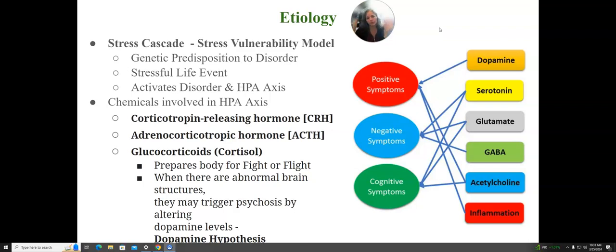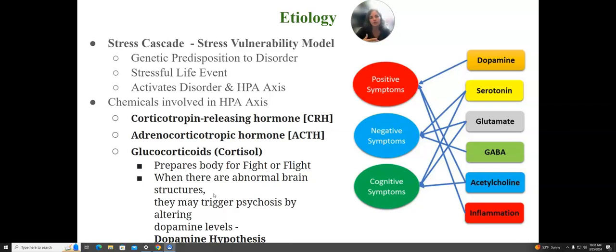The pituitary gland releases the corticotropin releasing hormone and the adrenocorticotropic hormone, and then the actual adrenal glands release the glucocorticoids or the cortisol. And that extra flow of cortisol is great when you're in an emergency situation, and it prepares you for fight or flight so you can respond to that stressor, that trigger.